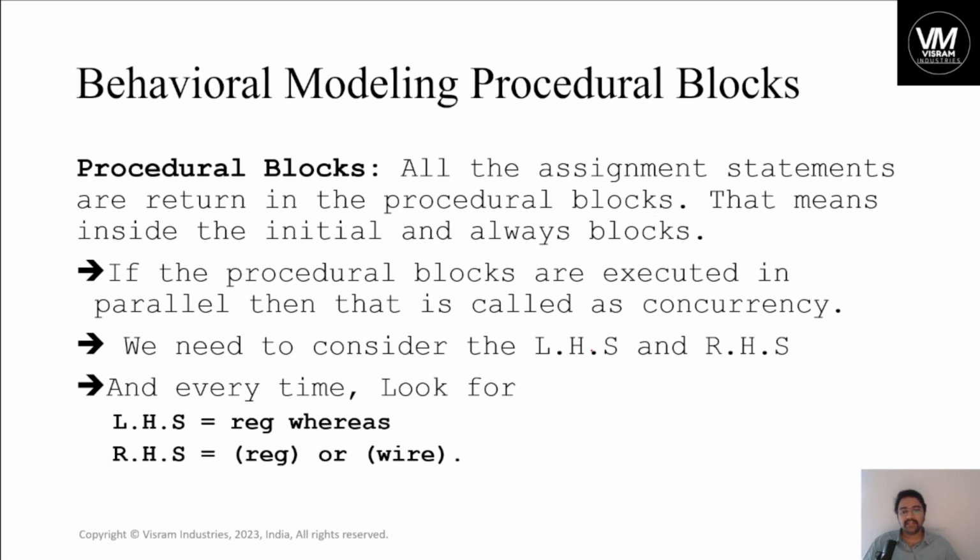Then we need to consider LHS and RHS. What do you mean by LHS and RHS? For any operator, as I said, output is equal to input. We are declaring, so this can be the LHS, left hand side, and this is the RHS, for any operator you have in between.